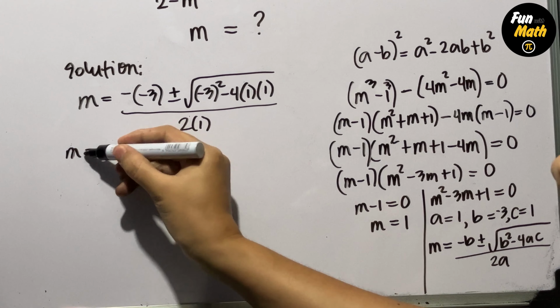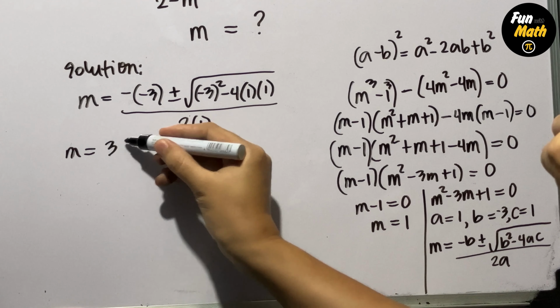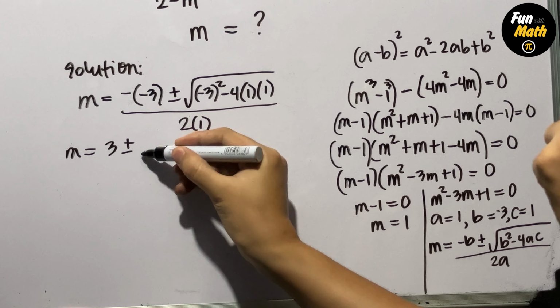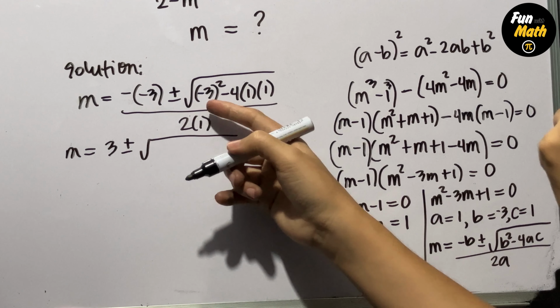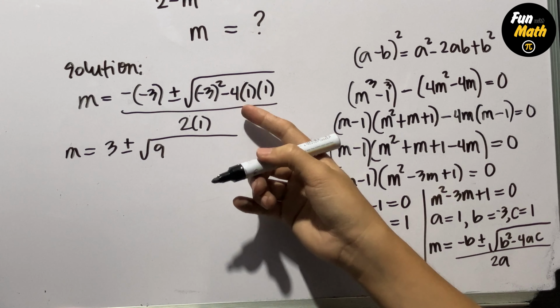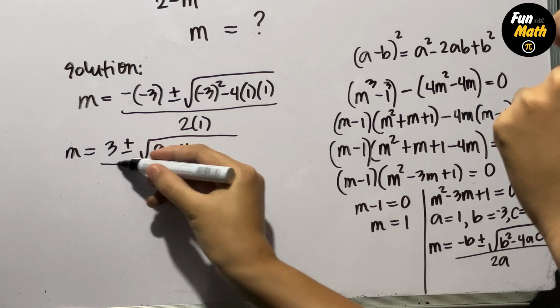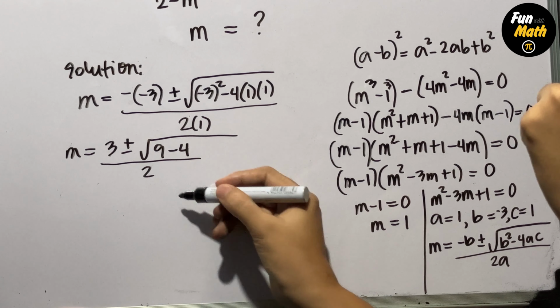Then m is equal to negative times negative 3, that is positive 3, plus or minus the square root of negative 3 squared, that is 9, and then negative 4 times 1, that is negative 4, or minus 4, all over 2 times 1, that is 2.